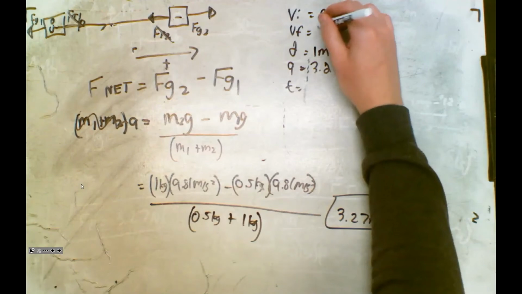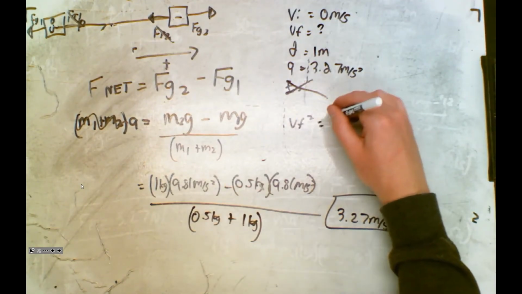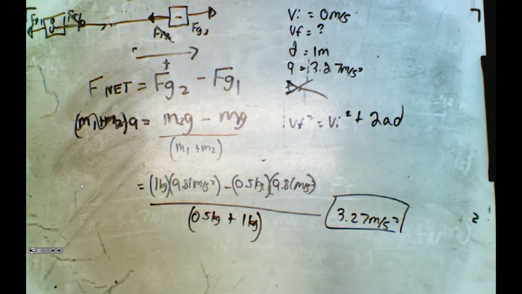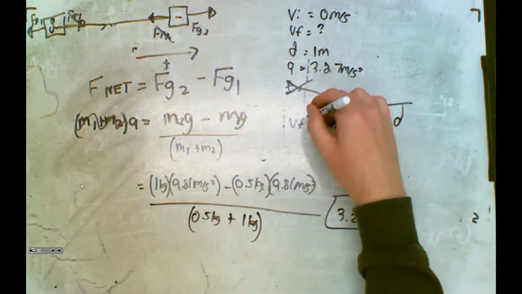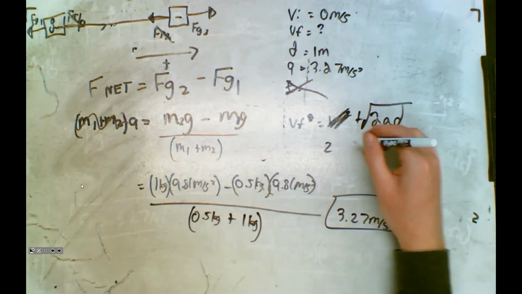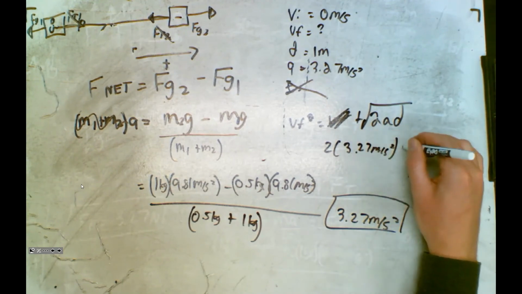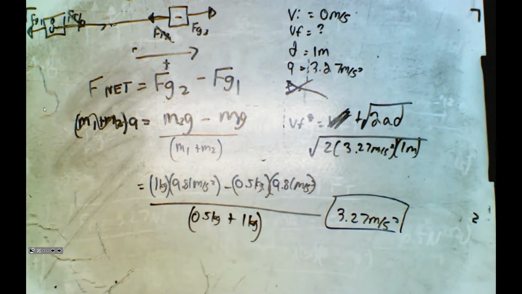We want an equation without time in it, so we're going to use Vf squared equals Vi squared plus 2ad. We're trying to find our final velocity. Vi is 0, so we can get rid of it and square root both sides. So if we go 2 times 3.27 meters per second squared times our distance of 1 meter and square root it, we can find the final speed.